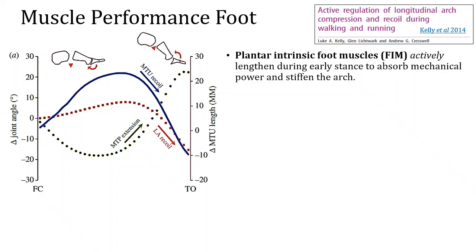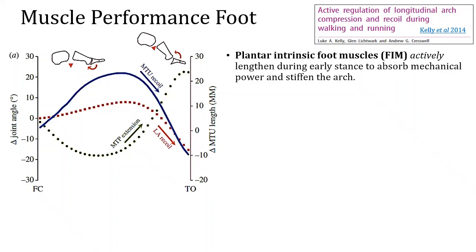So we can see that as soon as the heel hits the ground, the MTP joint as well as the longitudinal axis go through a joint excursion. Specifically, the longitudinal axis essentially extends and then recoils, as you can see in that somewhat inverted U shape.